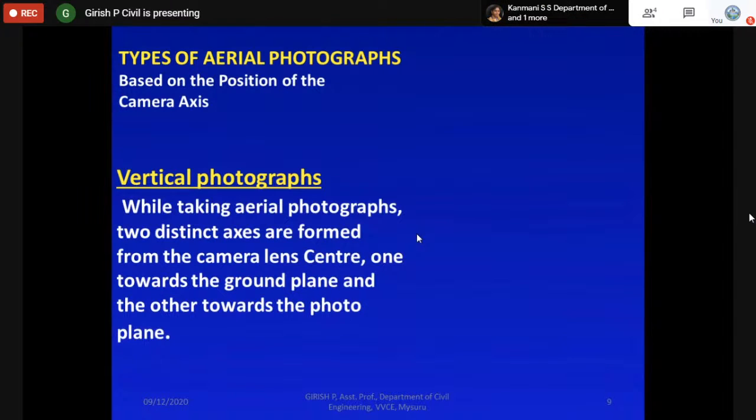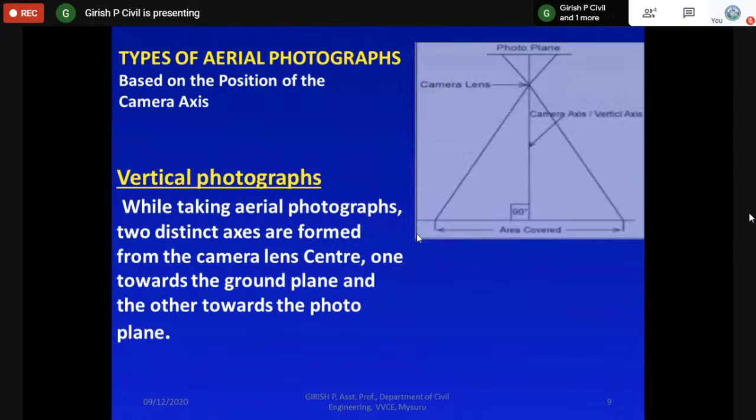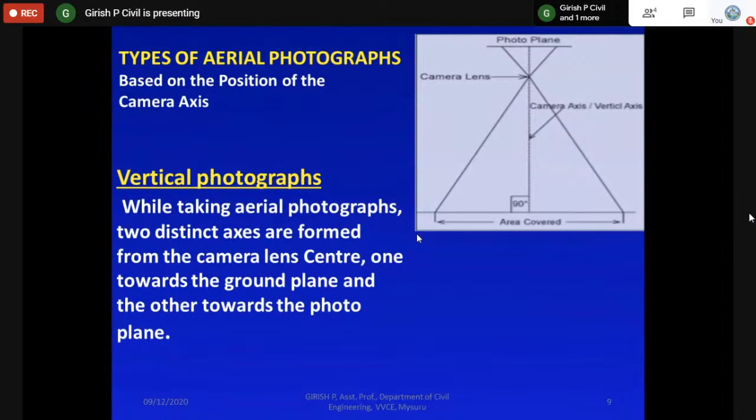Coming to the first type, vertical photographs. When I say vertical photographs, while taking aerial photographs, two distinct axes are formed from the camera lens center, one towards the ground plane and the other towards the photo plane.